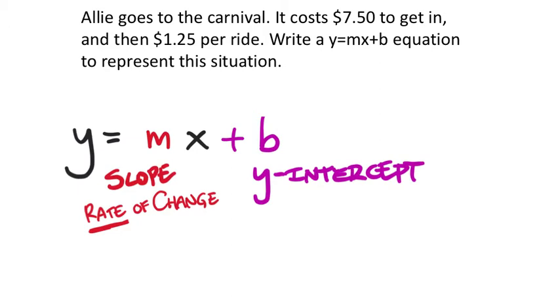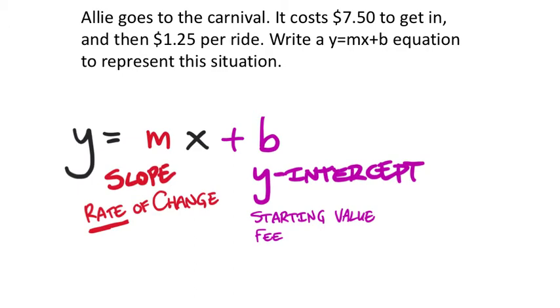The y-intercept, on the other hand, is going to be like some kind of starting value here. From time to time, you'll see problems where it's more like some kind of fee, some kind of starting value, okay? And if you can find that in these equations, then you'll be in good shape.